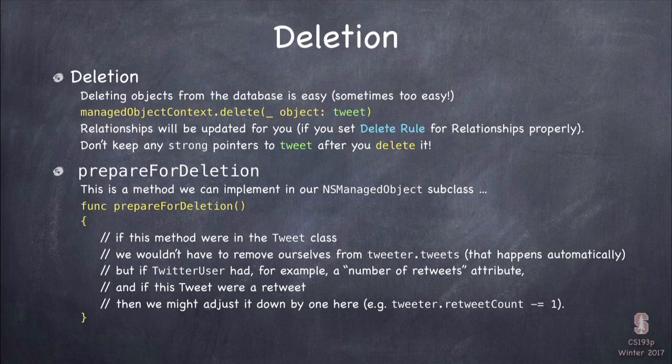And so if I was deleting a tweet and it happened to be a retweet, then I need to set that to be minus 1. And here's a perfect place to do it. So tweet, in its prepareForDeletion, says, oh, I'm about to be deleted. I better tell my Twitter user, because I'm a retweet, that he needs to decrement his retweet count. So you see why you would use prepareForDeletion? It's a way to kind of update other things in the database as you're leaving the database.